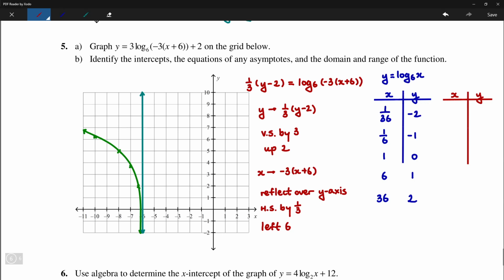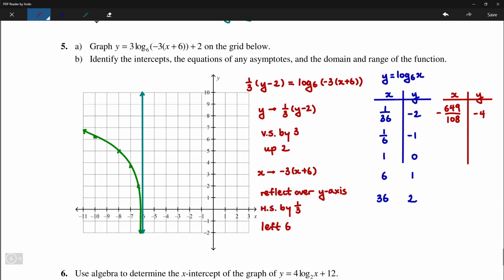Then it is horizontally stretched by 1/3, so it will become -1/108. And then finally, we subtract 6 from that, and as a result, we'll get -649 over 108. The y value was -2, is vertically stretched by 3, so we get -6, and then up 2, so -4.